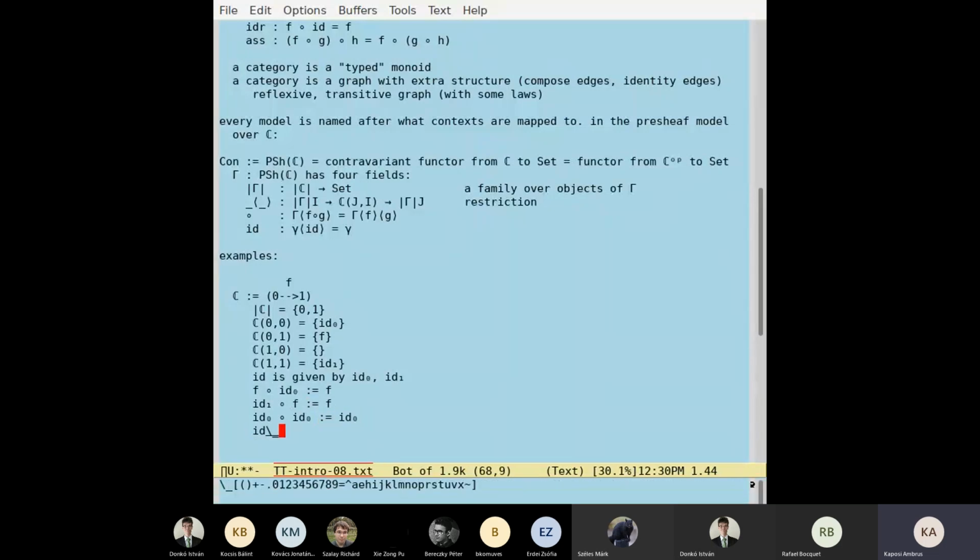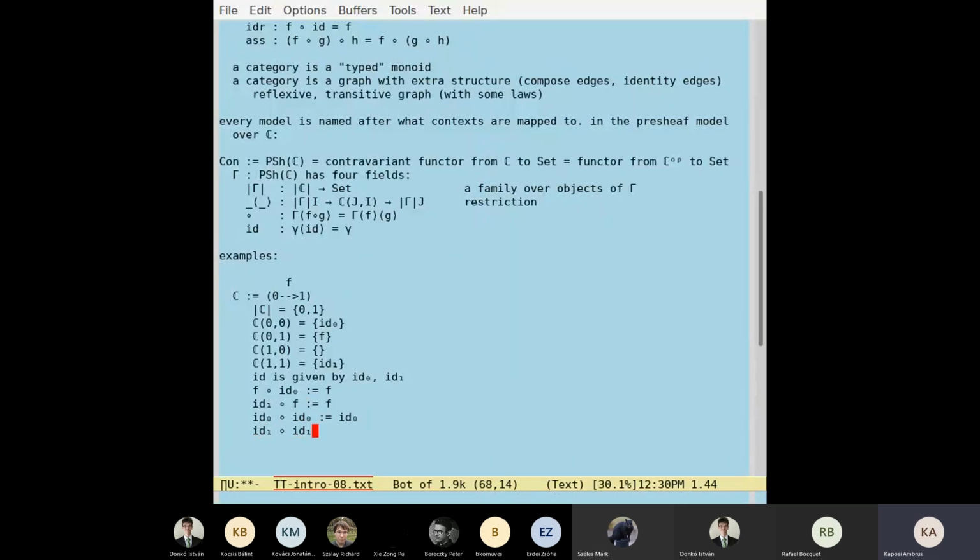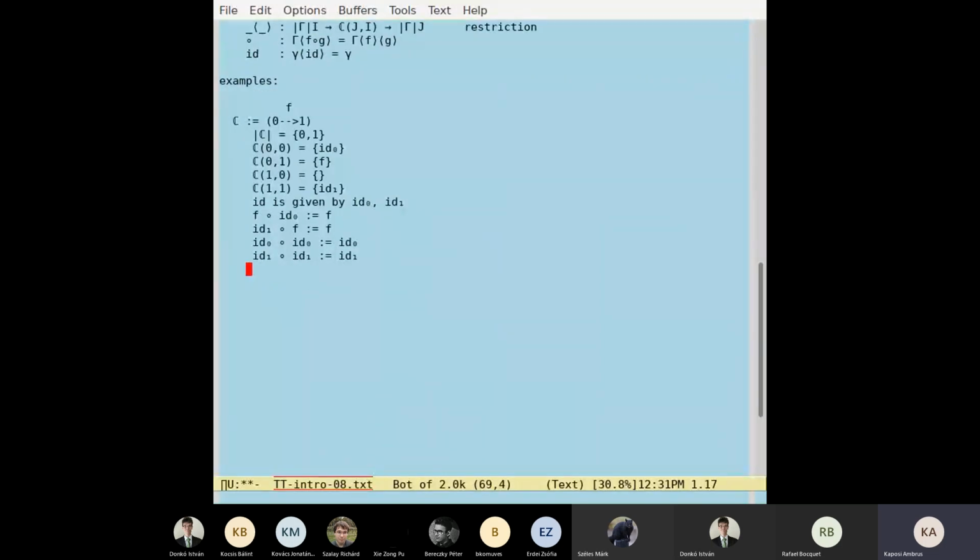We can also compose ID 1 with ID 1, which is again ID 1. Do we have any other ways to compose morphisms? I don't think so, right? So for F, we can only combine it with these two. So we define that, and now we can check that we have all the laws.